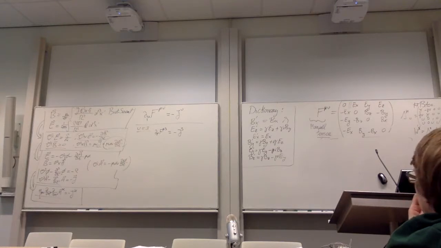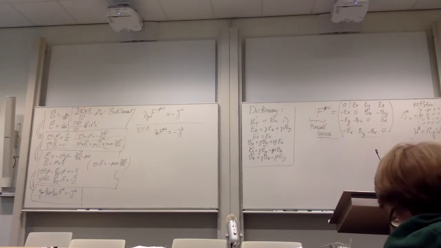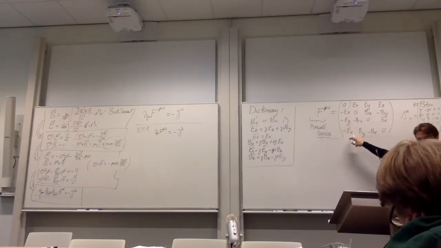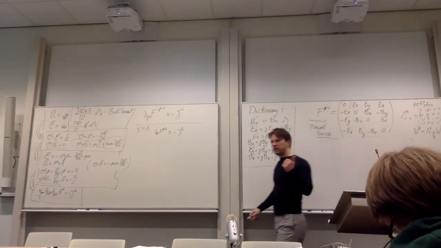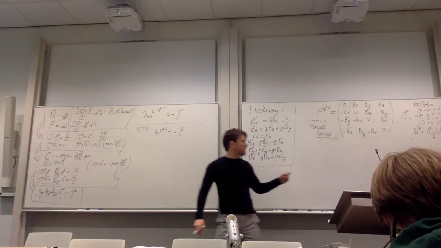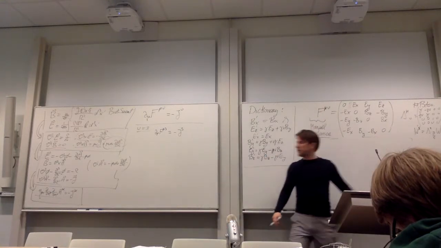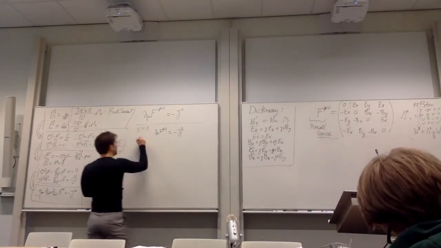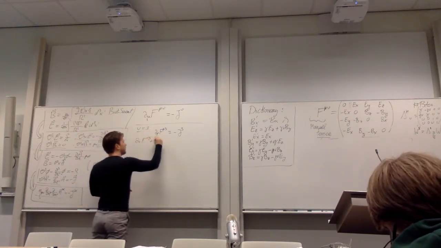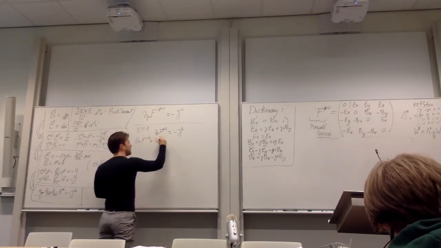The third, which one? F33. F33, that's this one. This is not going to contribute. The other ones are. So mu has to be 0, 1, 2, not 3, because that would just be the derivative of 0, which is 0. So what I find is that the 4 terms in this particular case happen to be only 3 terms.